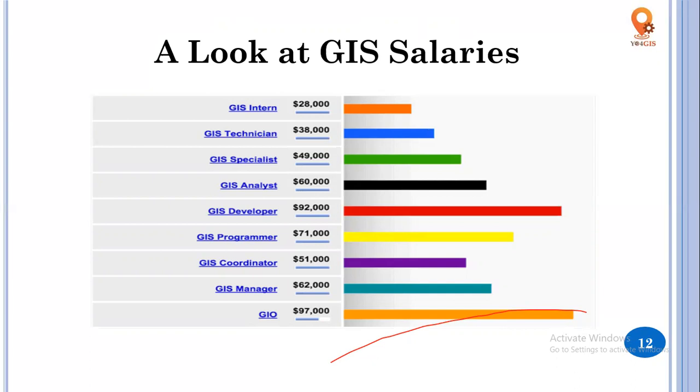You already know many people who are working with you or who are your friends. If they are in development, how much salary they are getting. And because you guys know, just because of that reason you are here. So in the GIS field, if you know GIS development, any company is ready to take you on your demand itself.